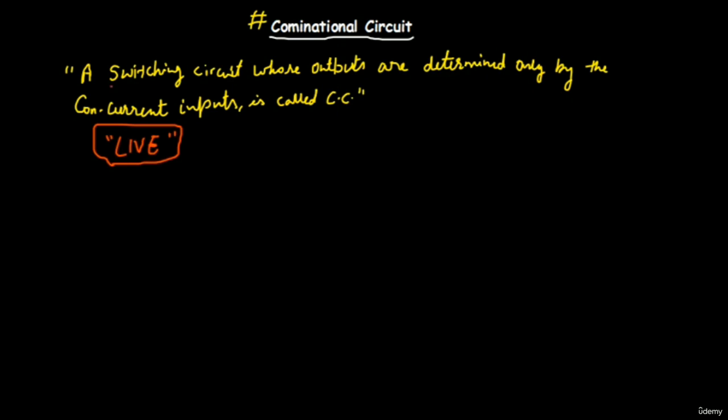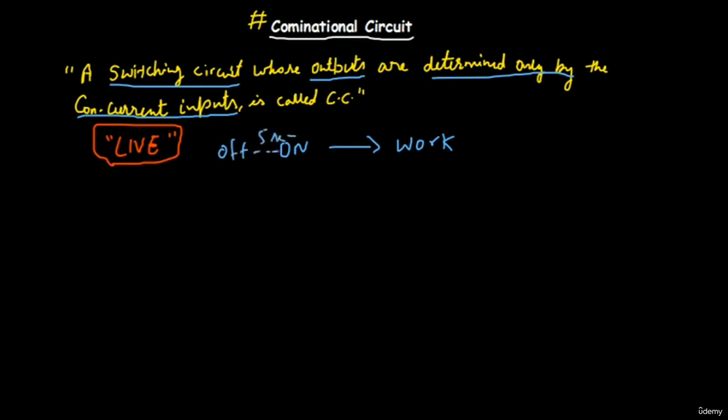A switching circuit. It says that a switching circuit is there. It means it can switch according to whichever way we give the input, but we can determine the output only by the concurrent input. Here, concurrent means if I am providing the input on, it will work, no matter that after 5 seconds I say off, after a 5 second gap it is going to turn off.